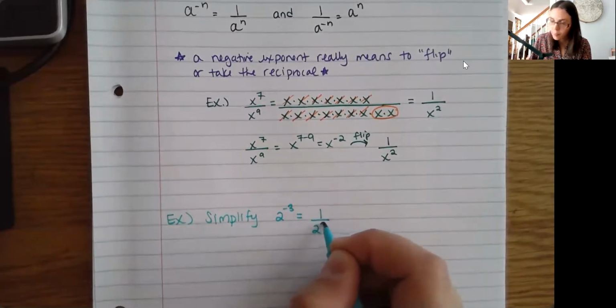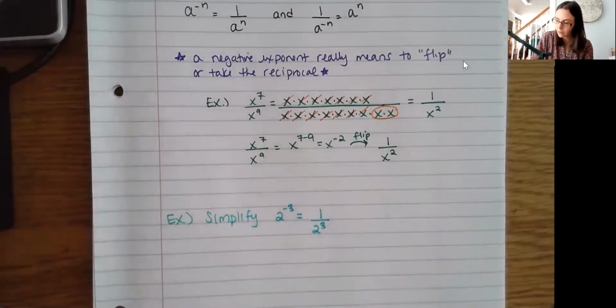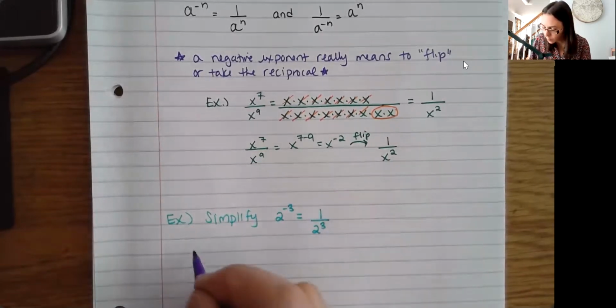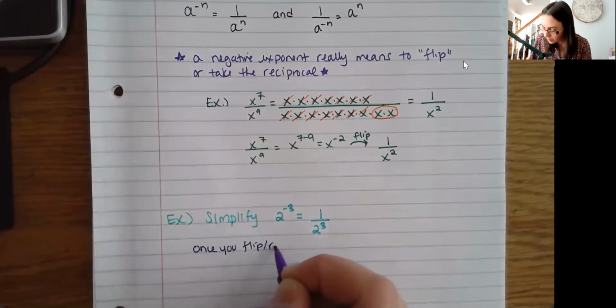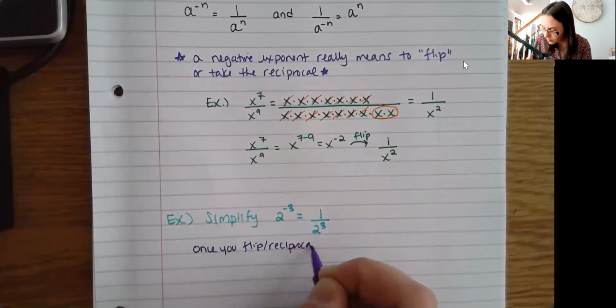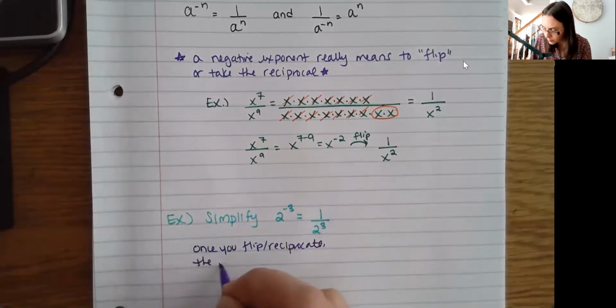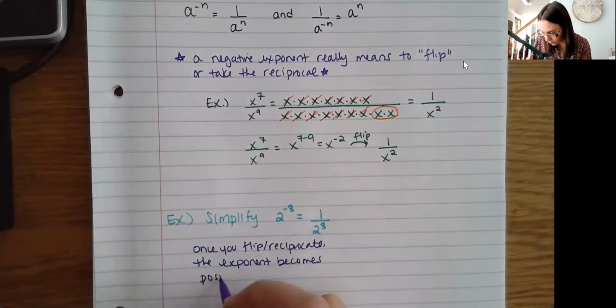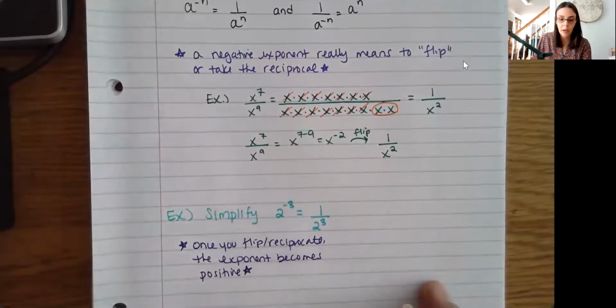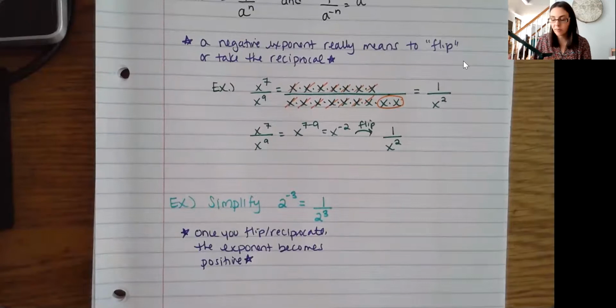Once I flip, it becomes positive. So once you flip or reciprocate, the exponent becomes positive.